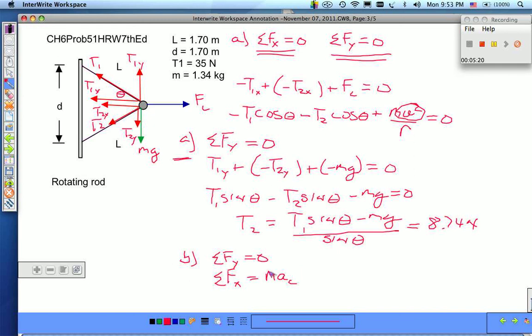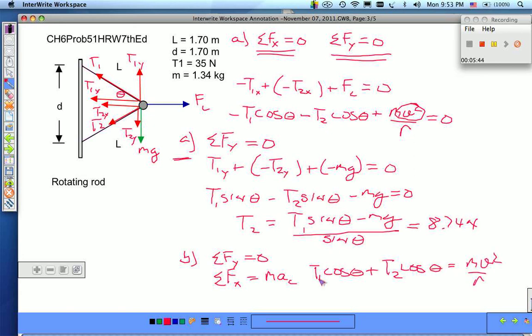Now, I've already accomplished this task up here, but the Fc is to the left of the equal sign. So if I were to rewrite this expression, we would have T1 cosine theta plus T2 cosine theta is equal to mv squared over r.